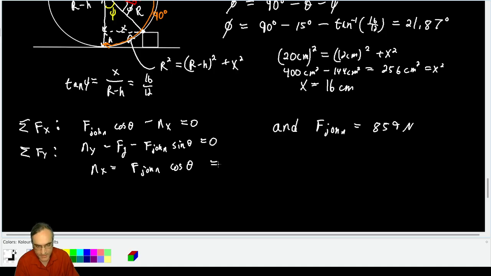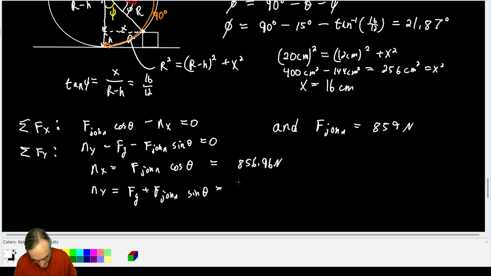So 859 times cosine 15 is 856.96 newtons. Ny is going to be Fg plus force John sine of theta, or sine of 15 degrees. So that's 400 plus 859 times sine of 21.87. So 719.98 would do.